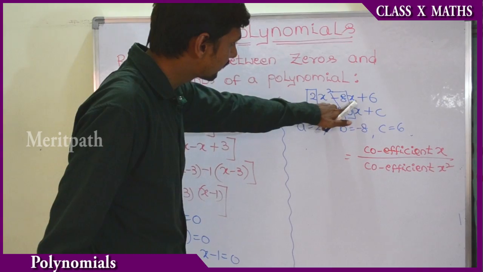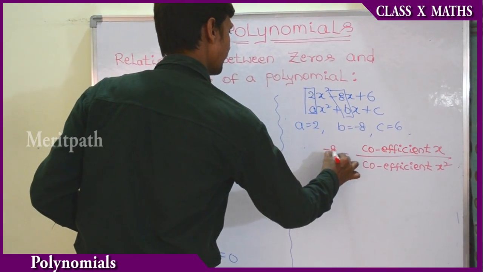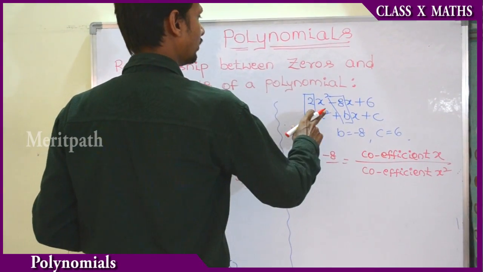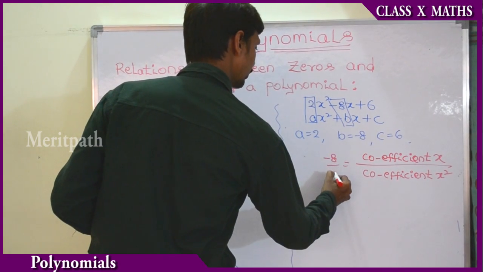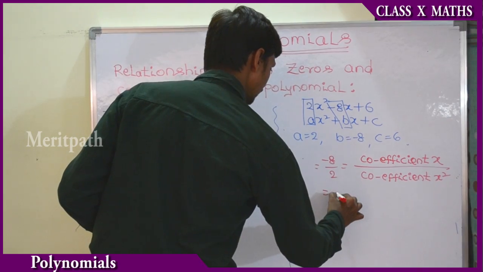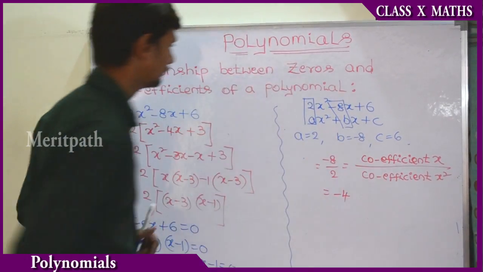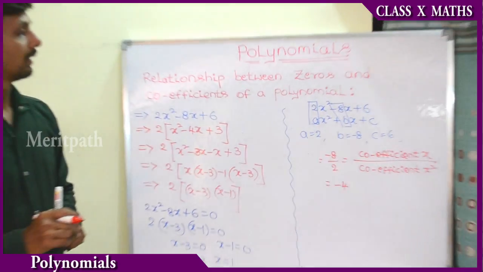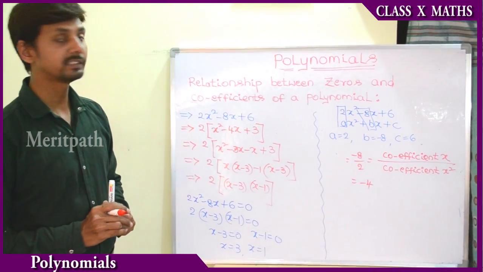Take the coefficient of x, that is -8. Coefficient of x squared is 2. -8 by 2 will be -4. We did coefficient of x by coefficient of x squared.